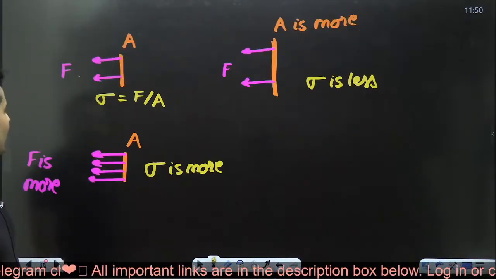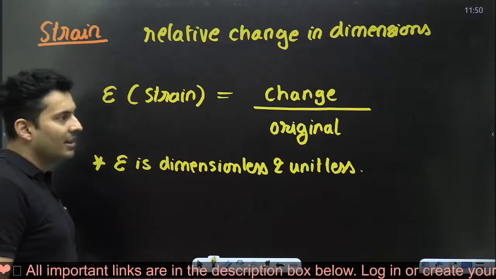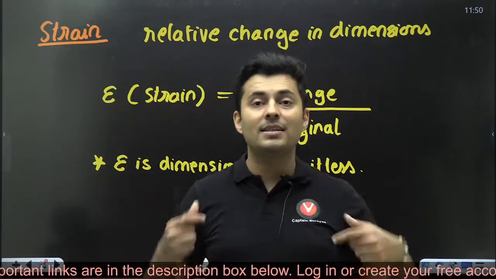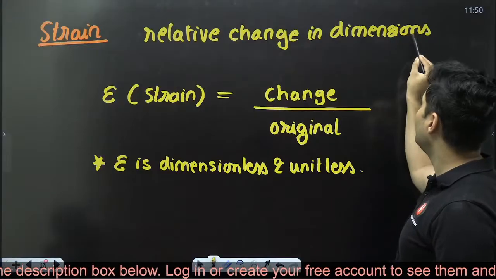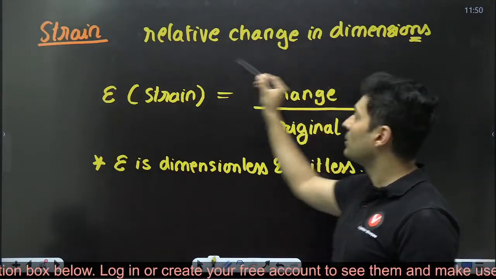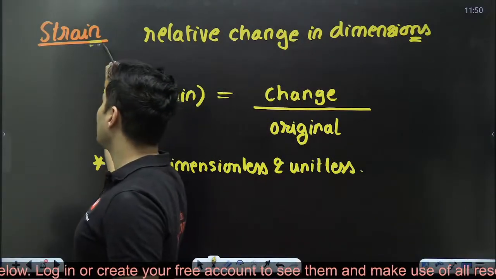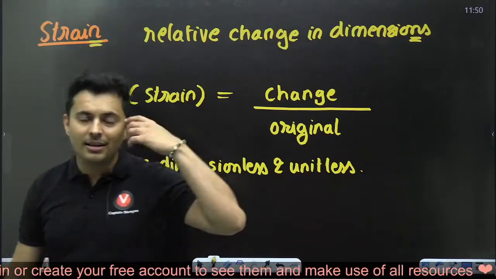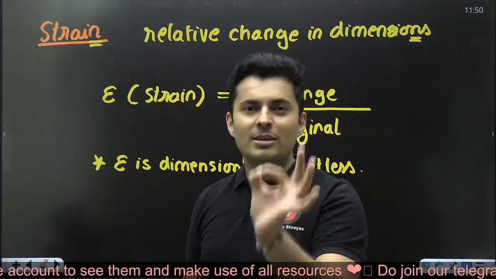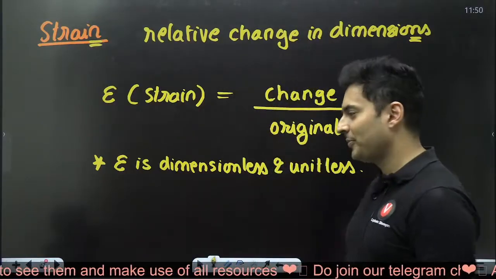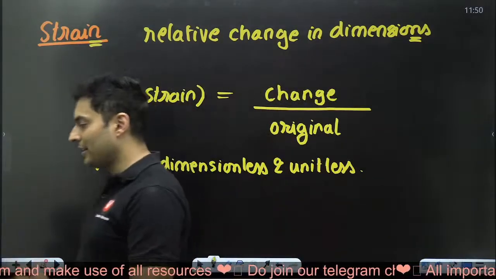Strain is basically how much is the change in the dimension. N, dimension, relative change in dimension. There is N here also. That's how you can remember it. Change in the dimension. It sounds like having similar alphabets or similar sounds. That's how you can relate it.